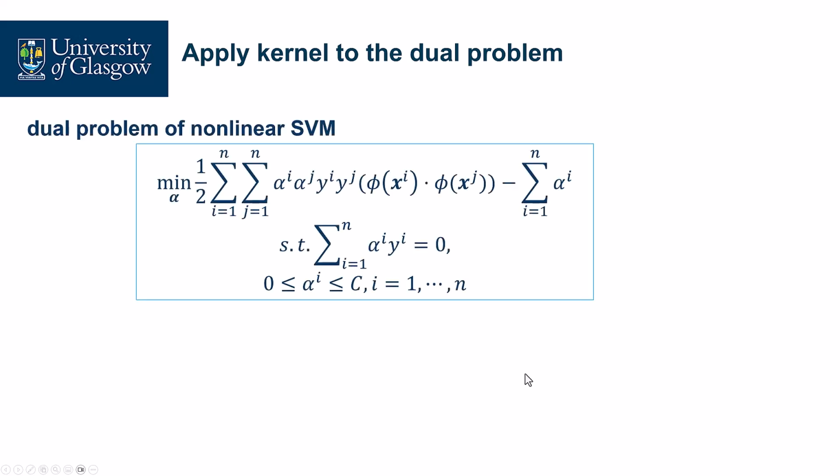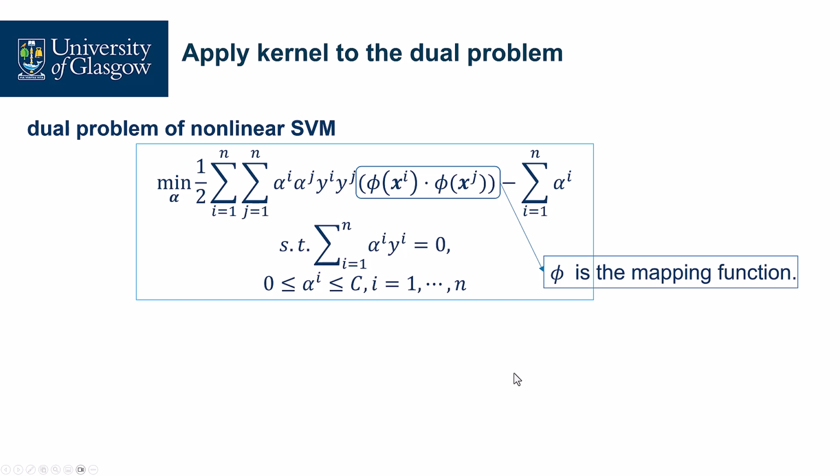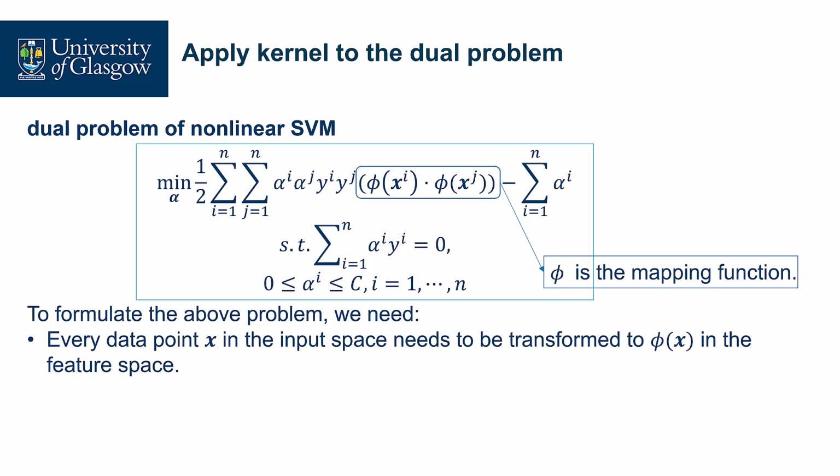So with the mapping function and the new dual problem for nonlinear SVM, clearly we can solve this problem. But to solve this problem, we indeed need some effort. First of all, for each data point xi, xj, etc., in the input space, we need to apply the transformation function, the mapping function phi of x.